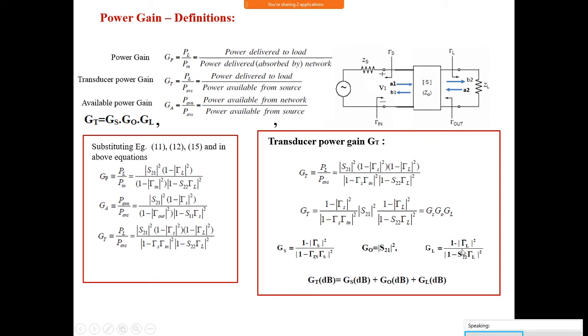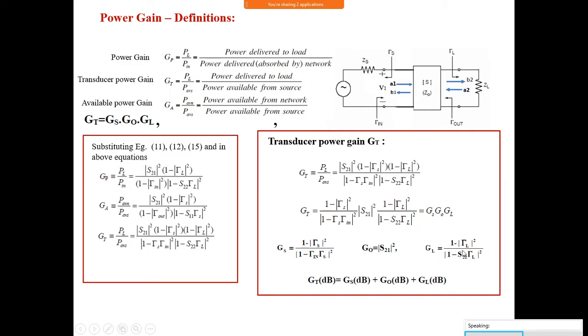GL depends upon the load impedance ZL. This ZL is the impedance you observe between these two terminals, looking towards the load.